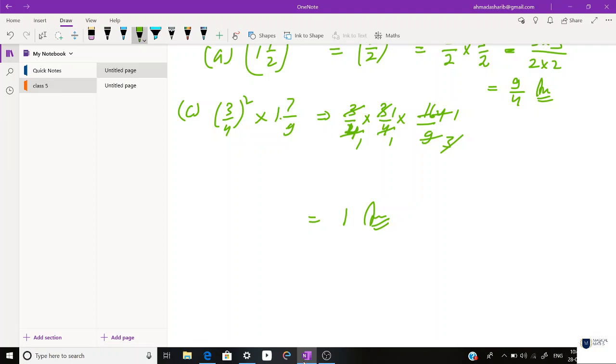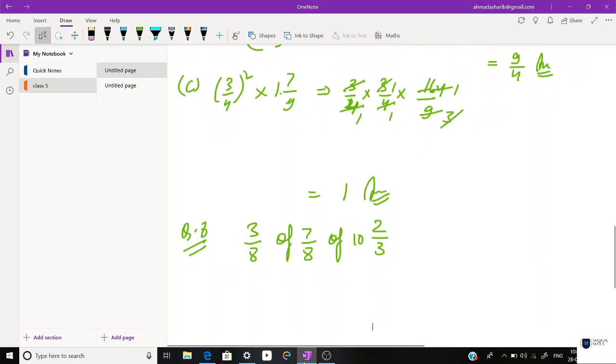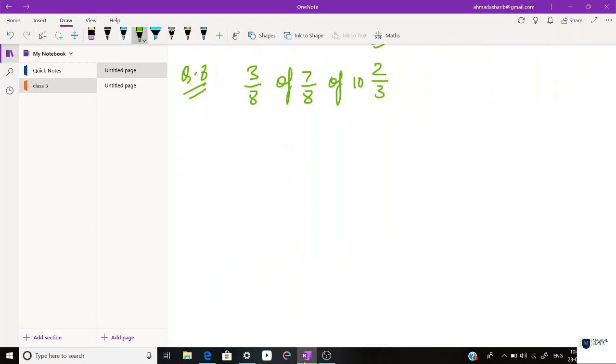Question 8. 3 upon 8 of 7 upon 8 of 10 whole 2 upon 3. So wherever the of is written, just use multiply. Of means multiply. Okay, so write 3 upon 8 into 7 upon 8 into, and change this into improper. 3 into 10 is 30. 30 plus 2, 32. 32 upon 3.